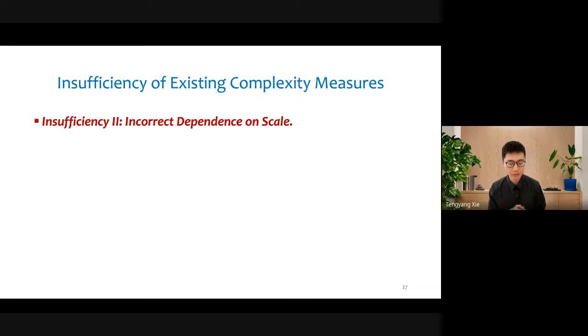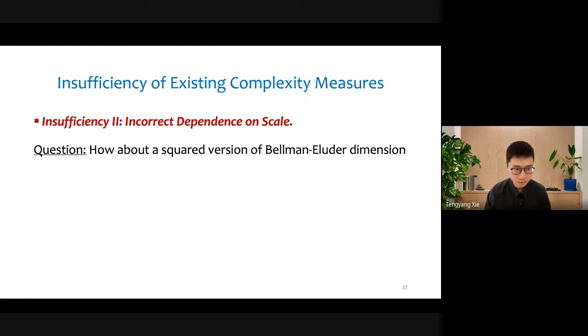After the first one, we would also argue there is another insufficiency of the existing definition, that is the incorrect dependence on skew. For the first one, there is a natural question: can we use a squared version of Bellman-Eluder dimension to improve that?